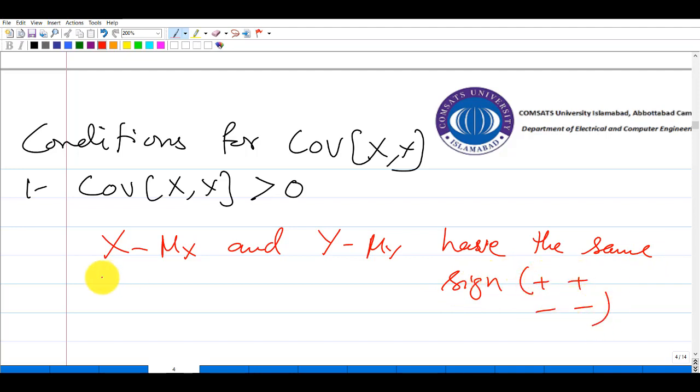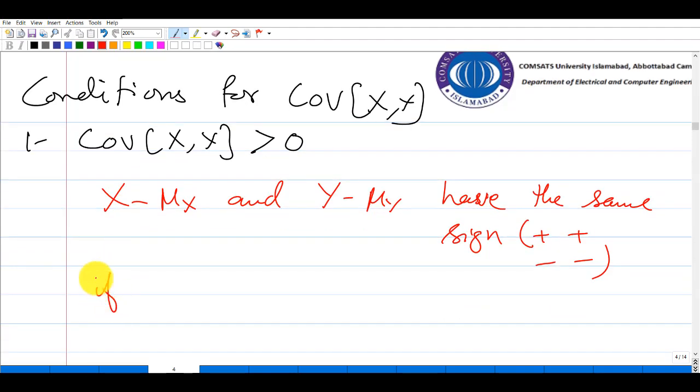So what we would expect from here is that if X goes up or down, Y will show the same behavior.